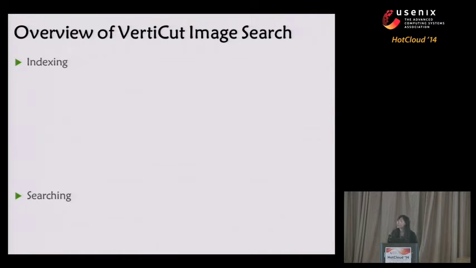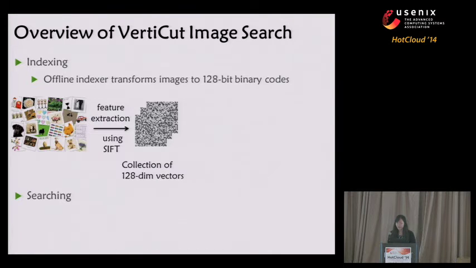Now, I'm going to introduce our VertiCut image search engine. It consists of two parts, offline indexing and online searching. To index, the offline indexer first extracts a set of features for each image using the well-known SIFT image feature extraction algorithm to generate a collection of 128-dimension feature vectors.